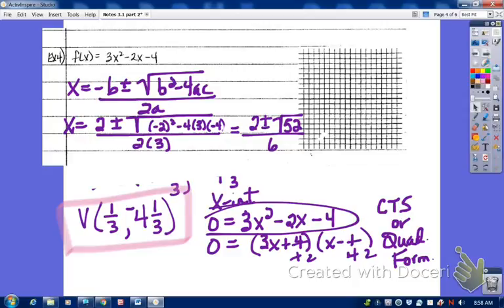Now, we've already forgotten what we're finding. We're finding the x-intercepts. It's taken us so long to get to this point, we have forgotten. So it's okay just to take the square root of 52 in your calculator because we're graphing and we can't be completely accurate, so we're just going to go ahead and estimate here. So somebody take the square root of 52, round to the nearest tenth. 7.2. So now the quadratic formula says 2 plus or minus 7.2 divided by 6.